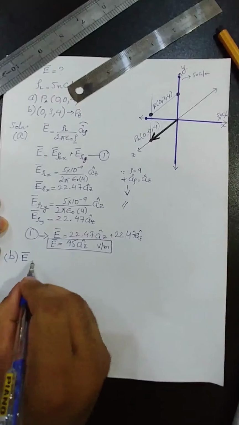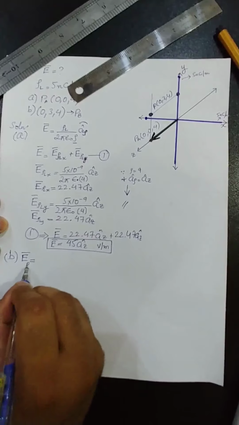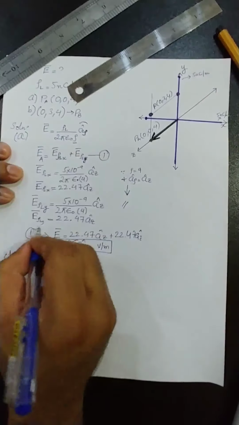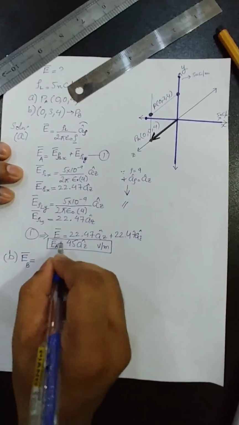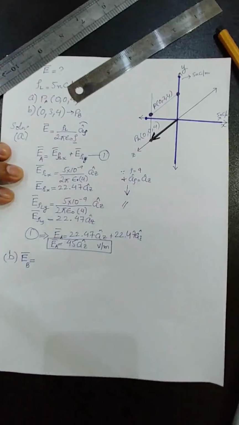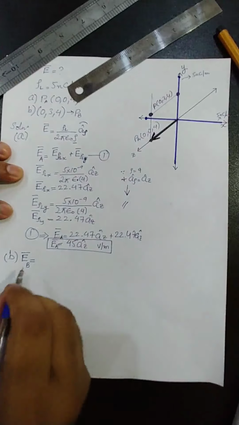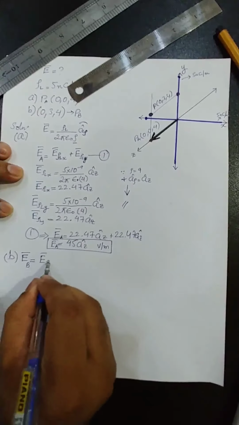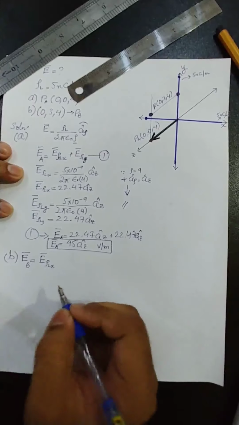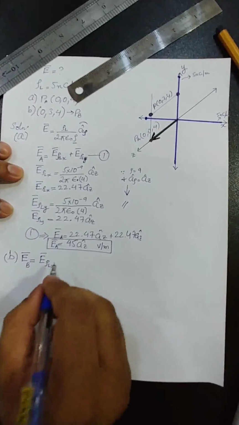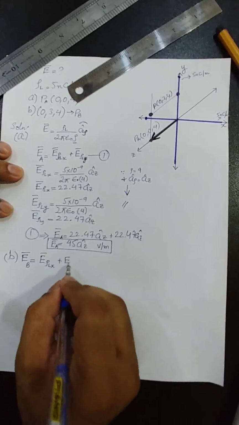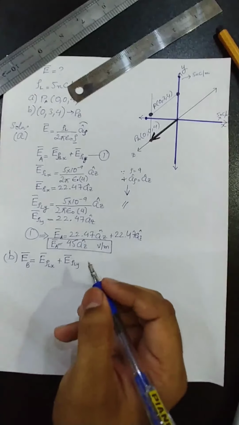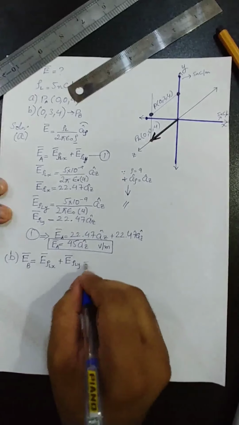Now if I have to find the electric field intensity at point B, let me call it EB, or let me call this one EA. So to find EB, I'll have to find the contribution of electric field intensity due to rho L lying on x-axis, plus the electric field intensity due to rho L lying on y-axis. But this time I will call it equation number 2.